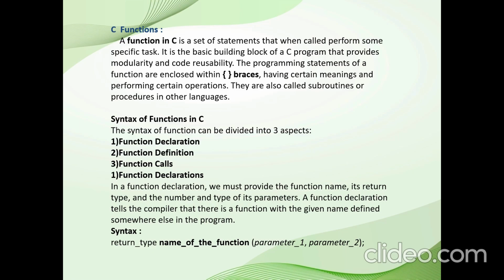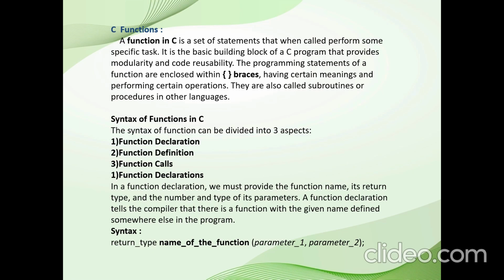To write the syntax of a function, it can be divided into three aspects: function declaration, definition, and function calls. In the function declaration, we must provide the function name, return type, and its parameters.